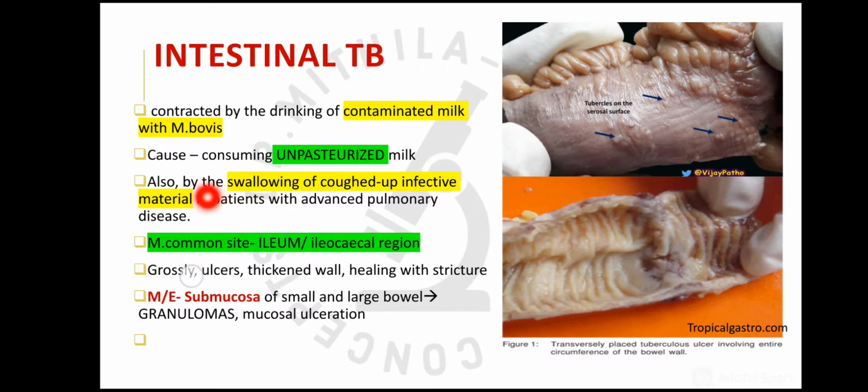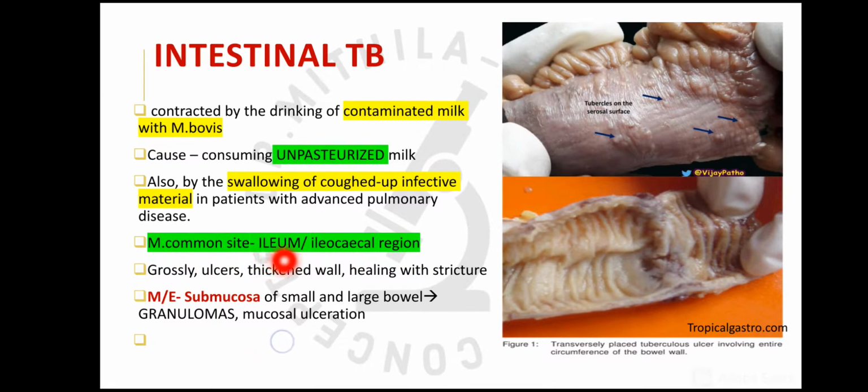The answer is that sometimes people who have primary tuberculosis of the lung swallow their coughed-up sputum which is carrying the bacilli. By that also, sometimes the patient can have intestinal TB concurrent with pulmonary TB.